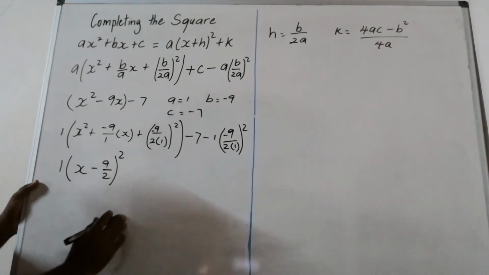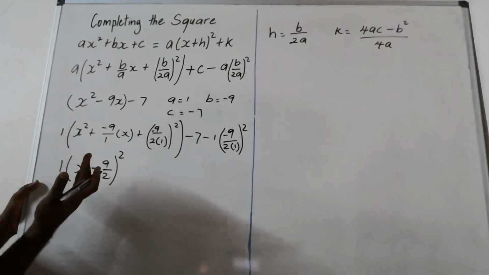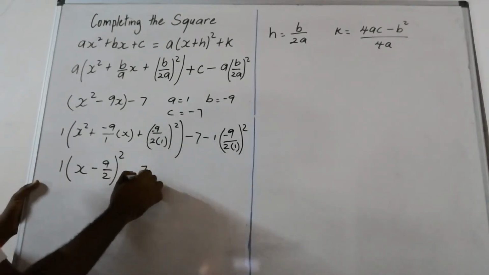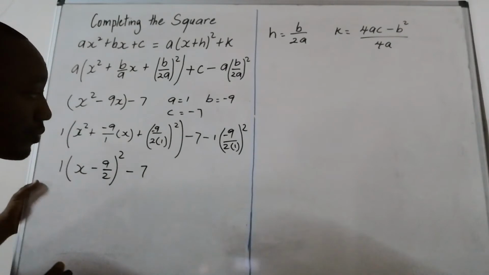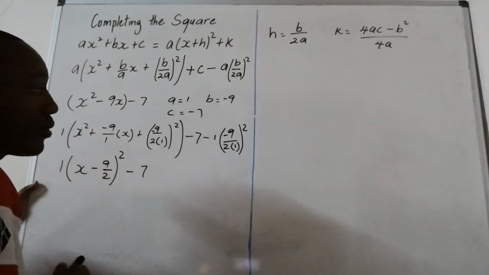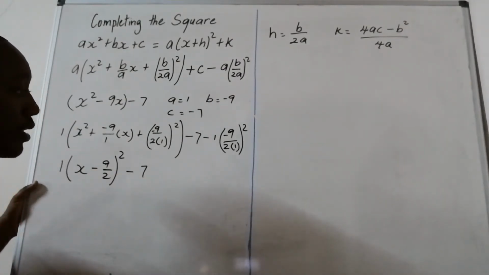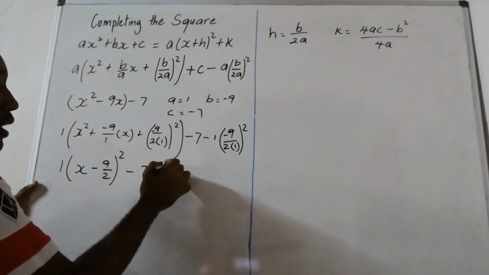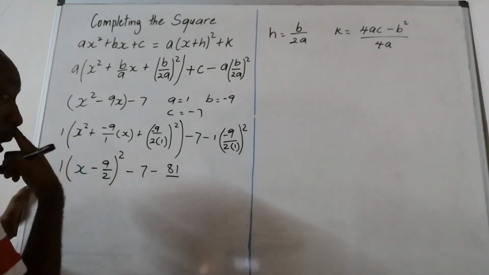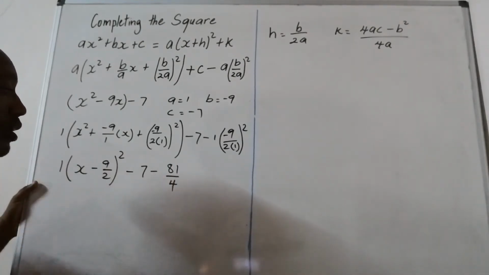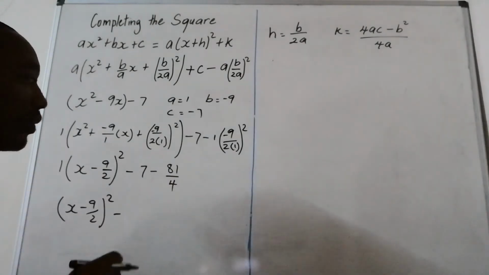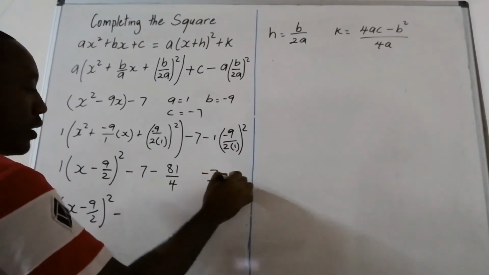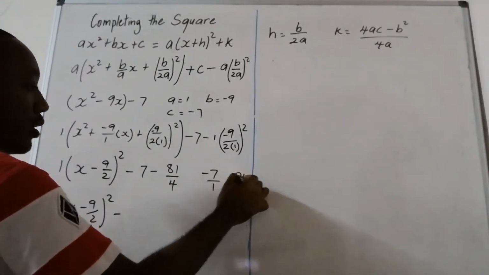Now we just have to find what our k is equal to, which will be minus 7 minus 9 squared over 4. Now 9 squared gives us a positive, so that will give us 81 over 4. Now let's add our fractions. We have minus 7 over 1 minus 81 over 4.